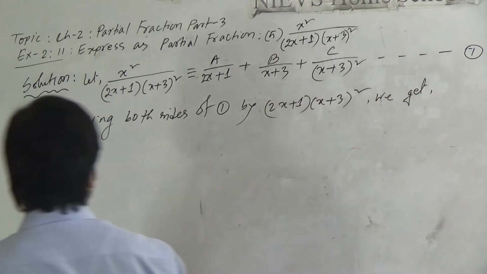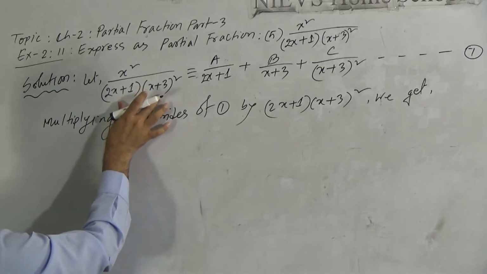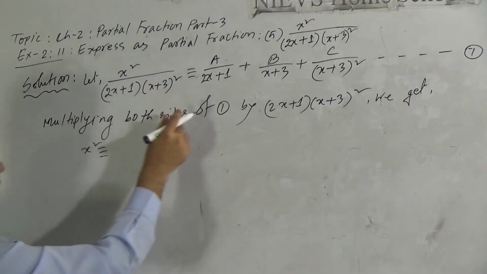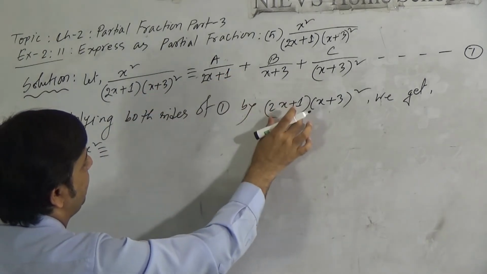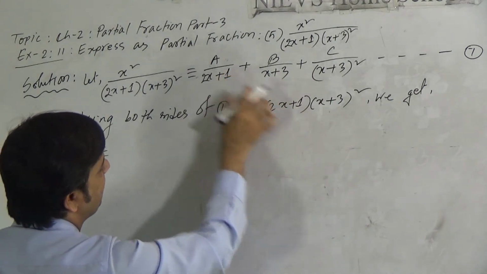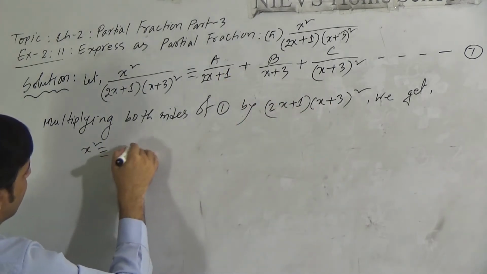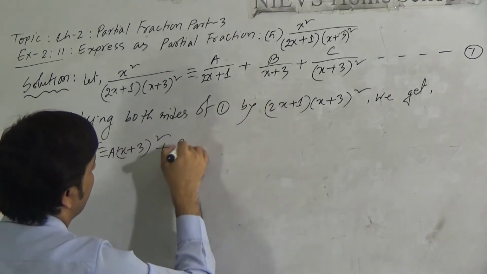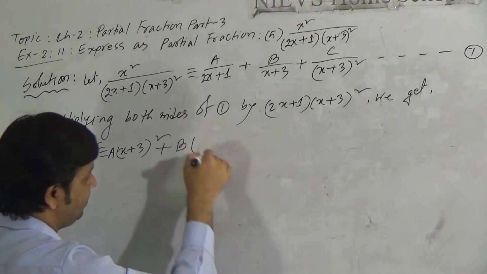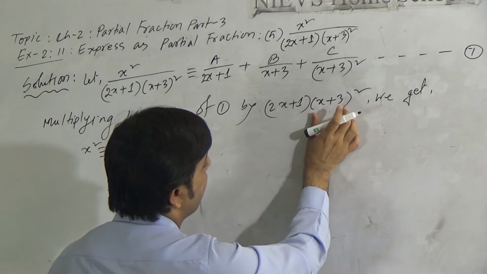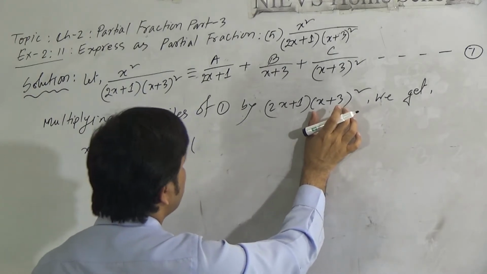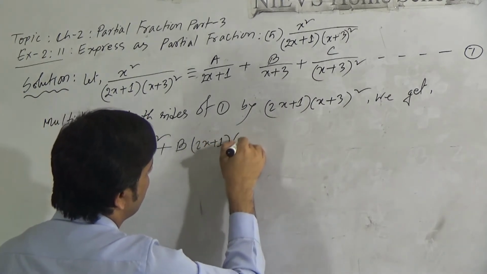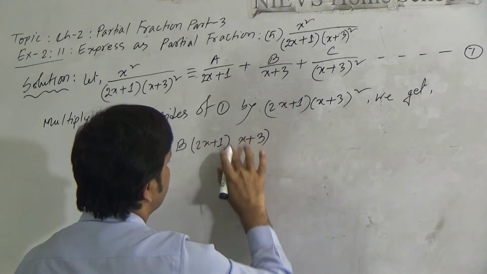what will we get? We can write here, this will vanish as we are multiplying by this, so only x square will remain in the left side, and in the right side this 2x plus 1 will vanish for a, for the first fraction, and x plus 3 whole square will remain, a into x plus 3 whole square will remain, plus for the second fraction, it means second part b, here are 2x plus 1 into x plus 3 whole square. So if we divide by x plus 3, we will get here 2x plus 1 into x plus 3 will remain here.